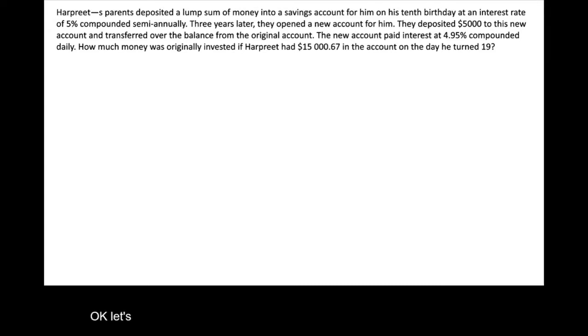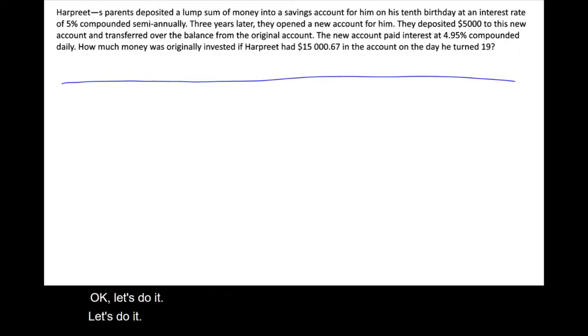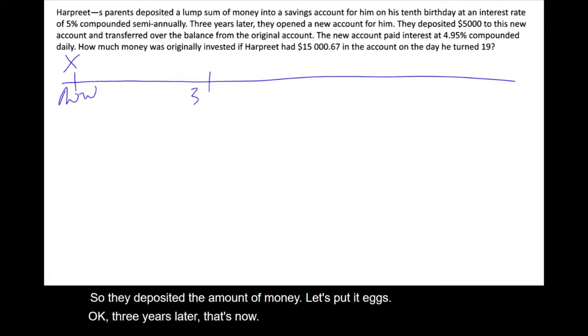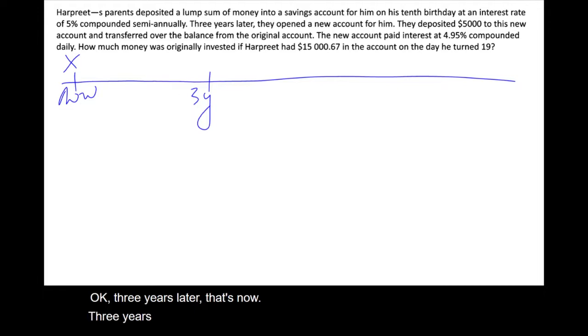Okay, let's do it. I think we can use a time line. They deposited an amount of money, let's put it X. 3 years later, they open a new account.